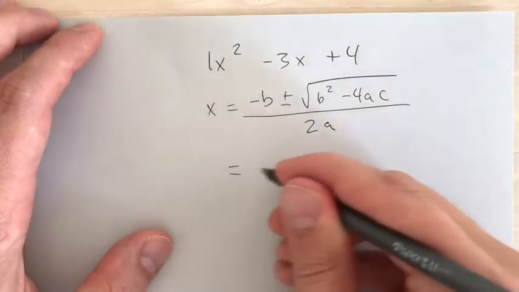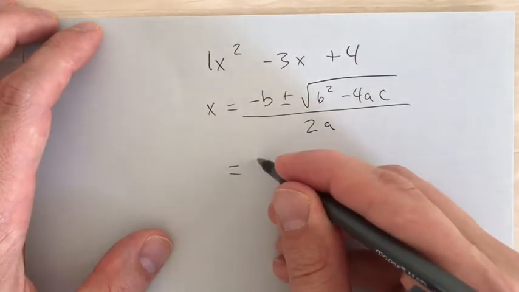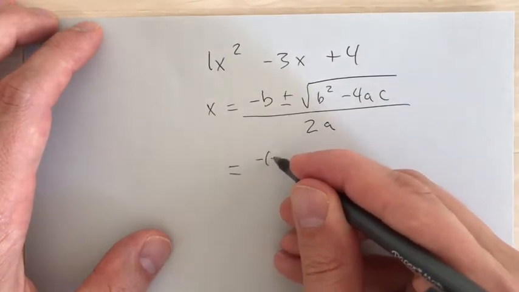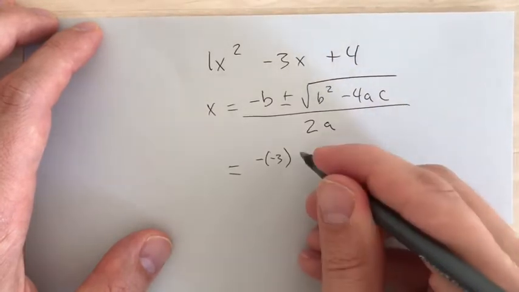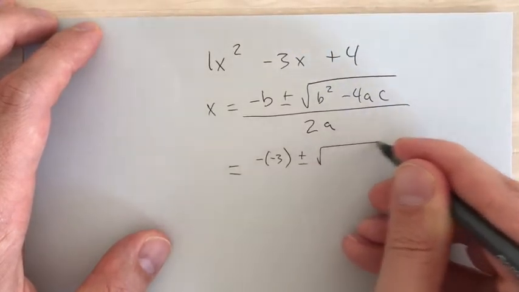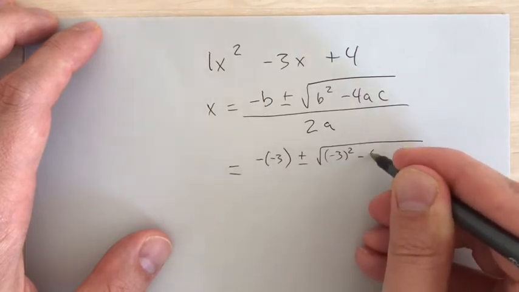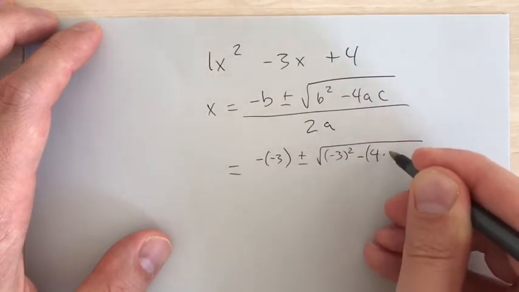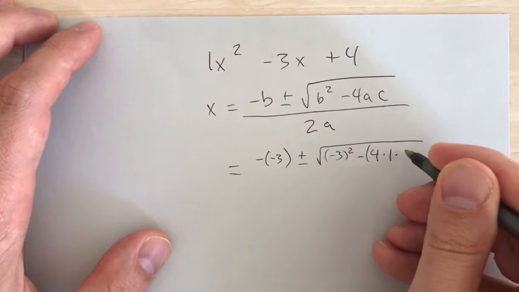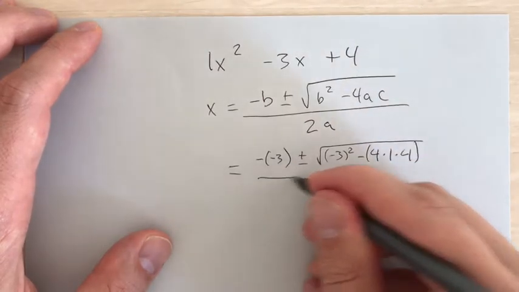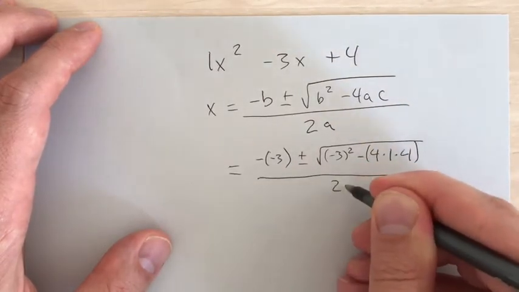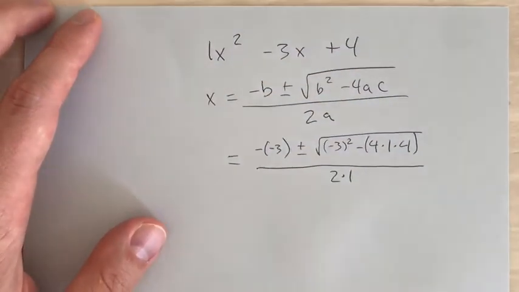So plugging that in, I would get negative negative 3, which ends up being just positive 3, plus or minus the square root of negative 3 squared minus 4 times 1 times 4, because that's c, all over 2 times 1, or 2a.